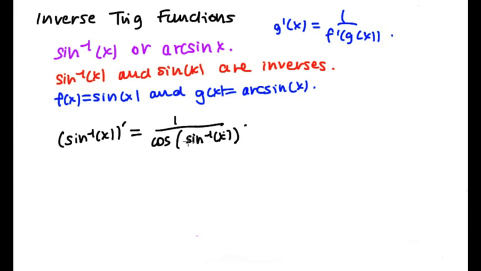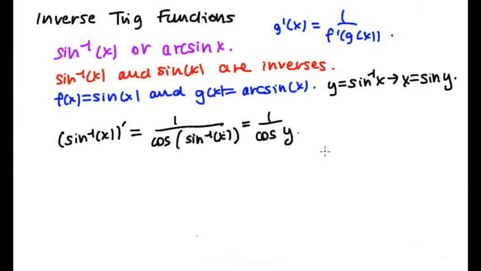And what is arc sine x? So if we have y equals arc sine x, what does that tell you? It tells you that x is equal to sine of y, right? We only need this for now, but we're going to need this too later. So arc sine x is equal to y, so we can substitute that. So 1 over cosine y.